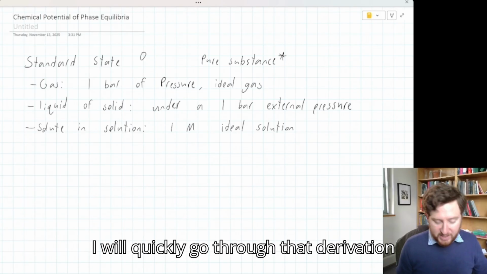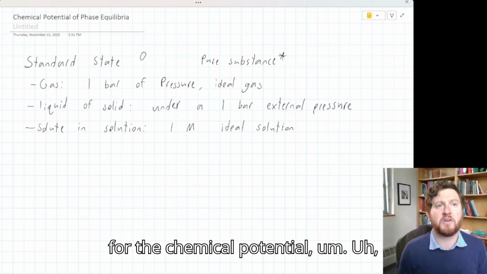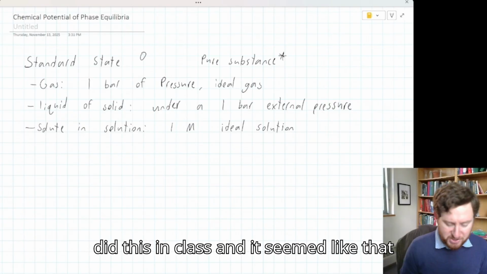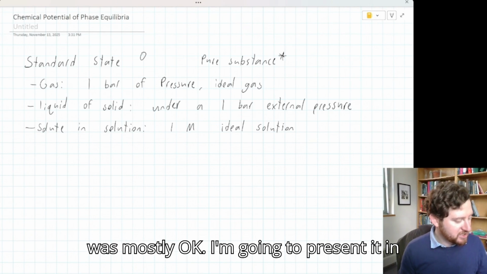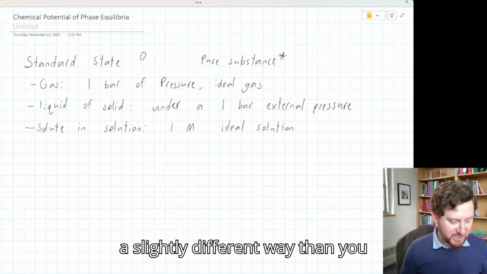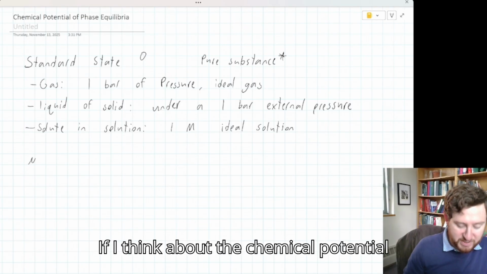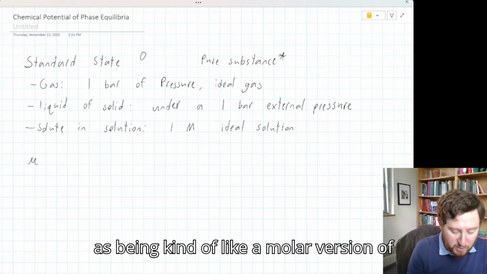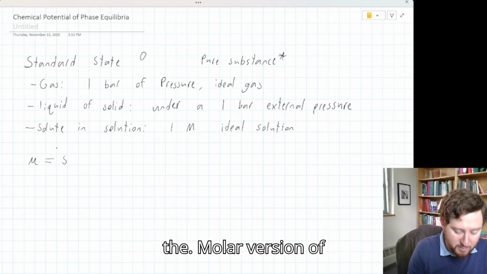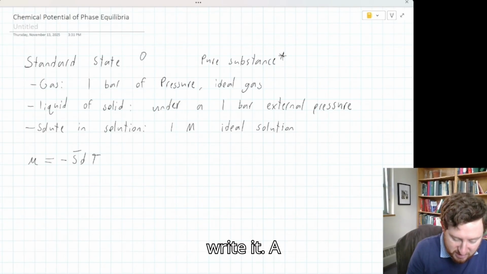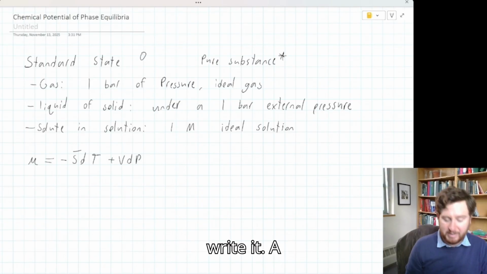All right, so I will quickly go through that derivation for the chemical potential under non-standard pressures, though I did this in class and it seemed like that was mostly okay. I'm going to present it in a slightly different way than the first time. If I think about the chemical potential as a molar version of the Gibbs free energy, then I can write it a little bit like this.